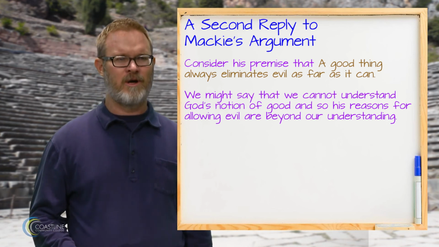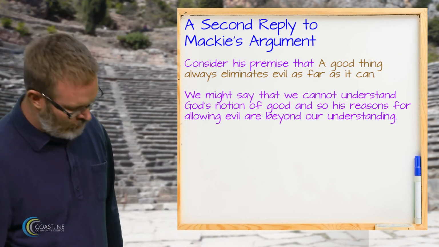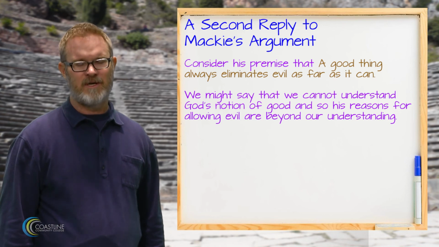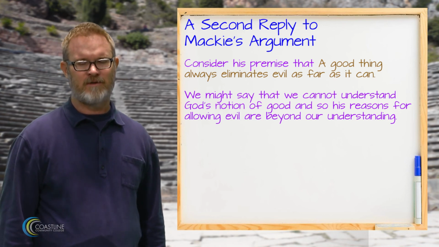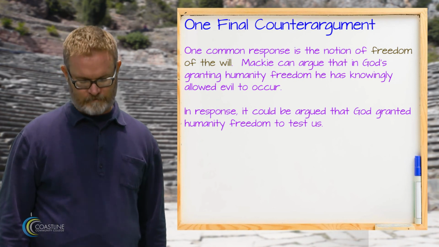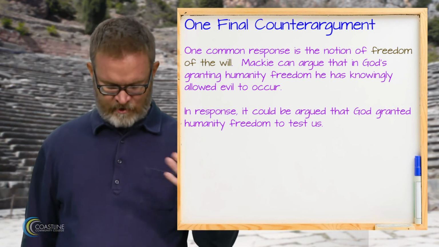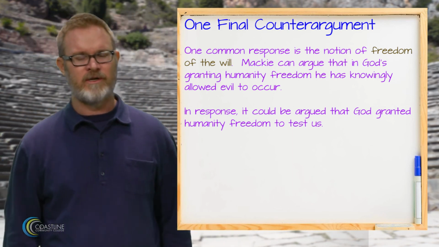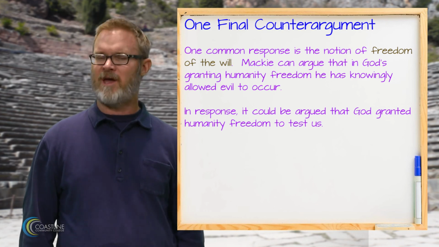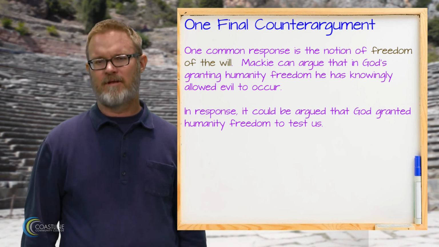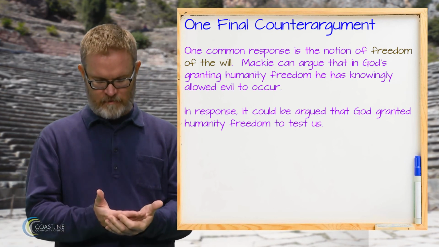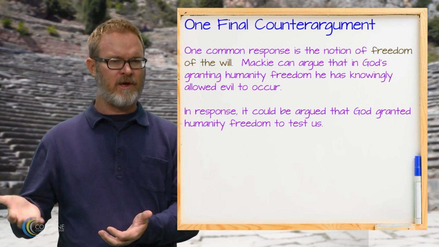But I think another way to think about replying to Mackey's argument here, and in particular that premise, is to suggest something about freedom of the will, right? And so I think this kind of counter argument is fairly good. And actually the theist, the theologian, somebody who's a Christian, would say exactly this. And so the point goes like this: first, God grants human beings freedom of the will.